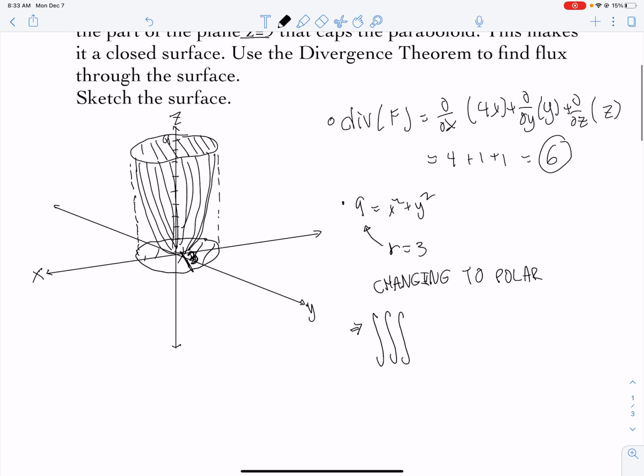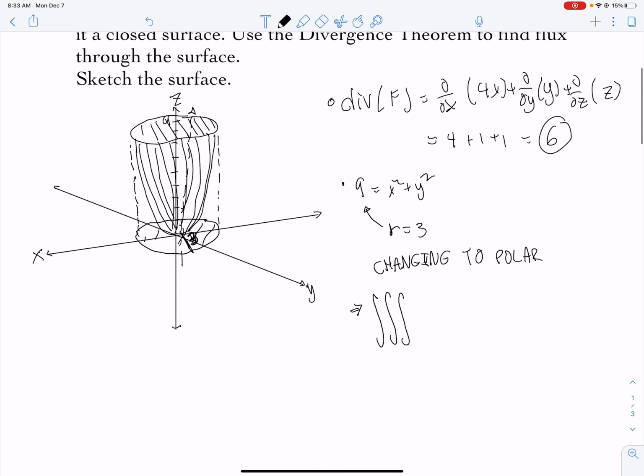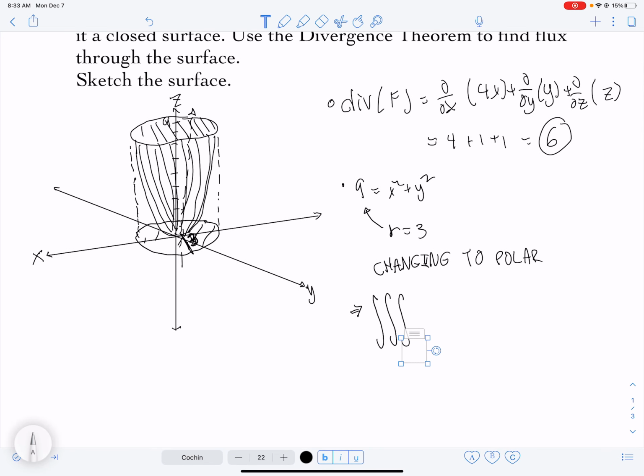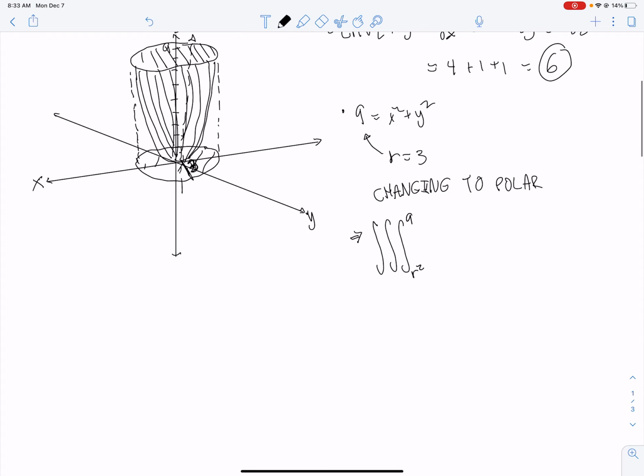Z in this case is going to go from our paraboloid to our plane. So our paraboloid, x squared plus y squared, would just be r squared, to 9, and then our r and theta would be from 0 to 3, 0 to 2 pi.